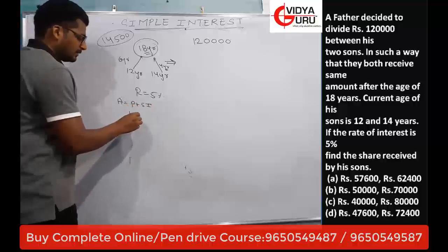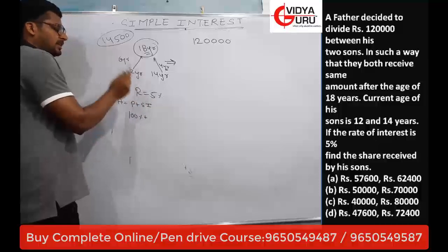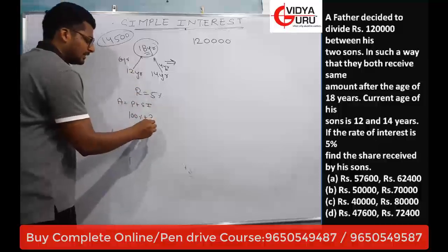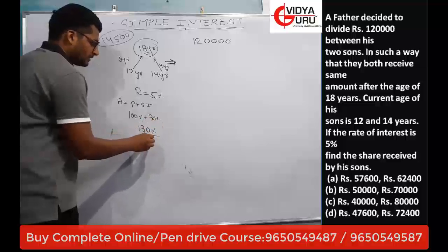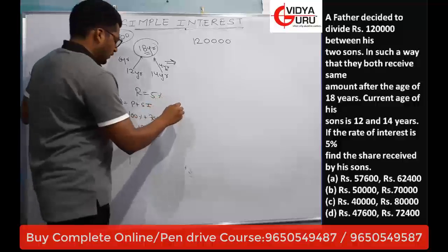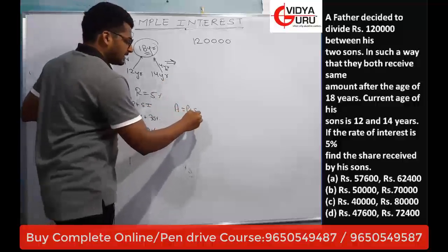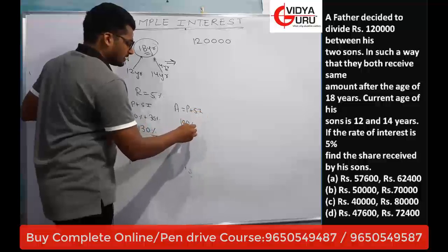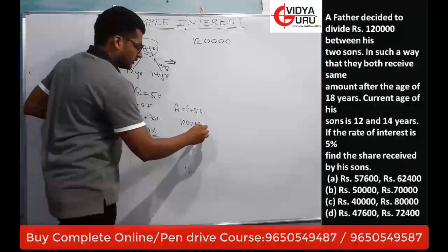Principal is 100%. SI will be 5% for 6 years. 5 times 6 is 30%. So the amount for the 12 year old son is 130. Same way, what will be the amount for this? Principal plus SI. Principal will be 100%, and what will be the SI? 5 times 4 is 20%, so 120%.